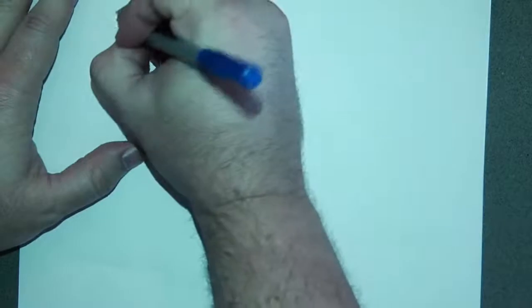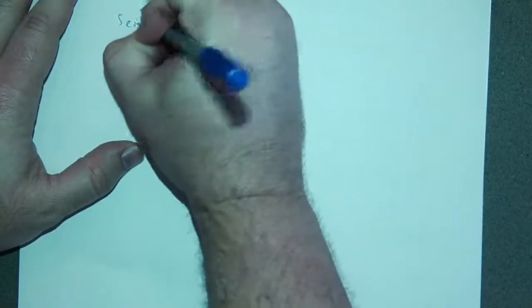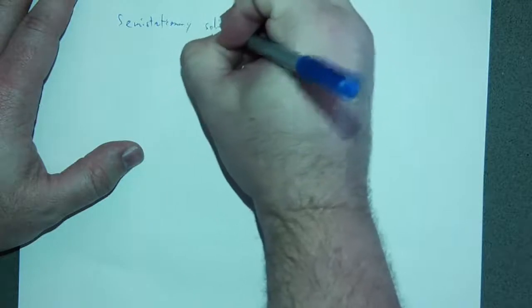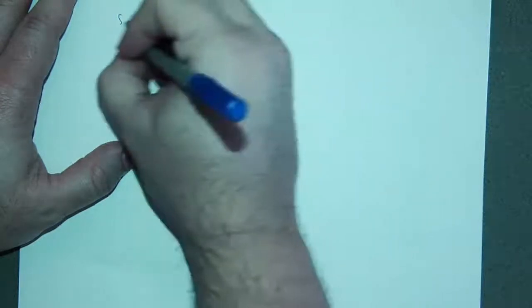We didn't have an x and a y. We only had one of them. Okay, and so what is a stationary solution? So then, a semi-stationary solution.